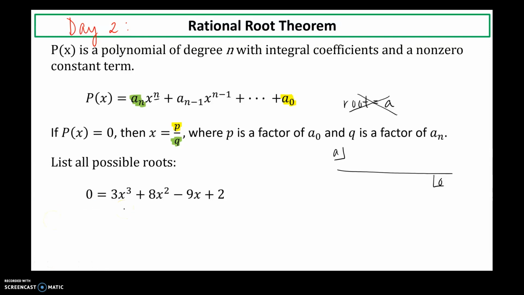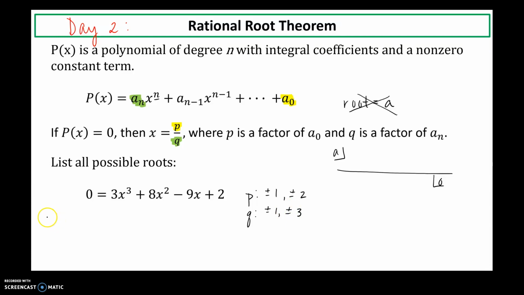List all possible roots. Okay, so p are the factors of your constant term. So the factors of 2 are plus or minus 1, plus or minus 2. q are the factors of your lead coefficient. So the factors of 3 are plus or minus 1, plus or minus 3.